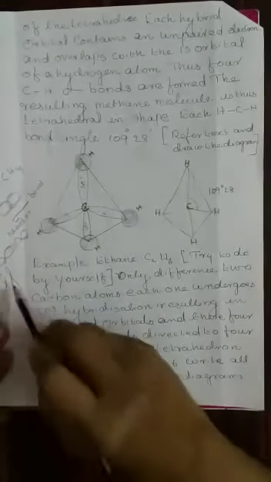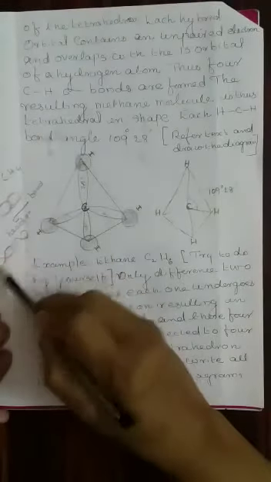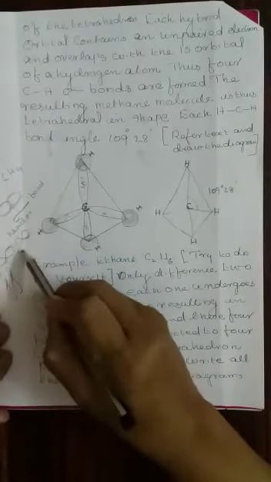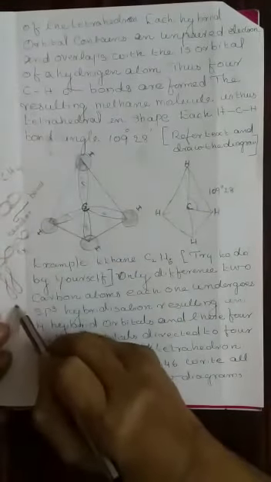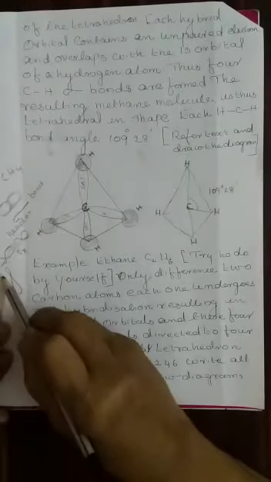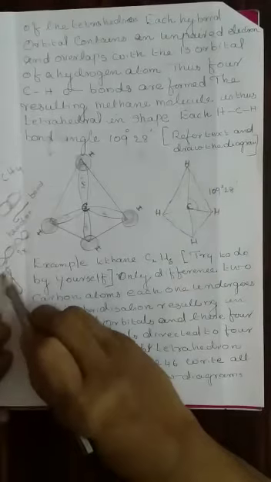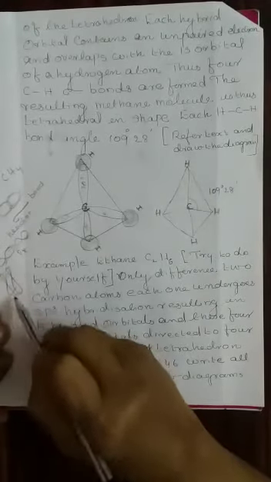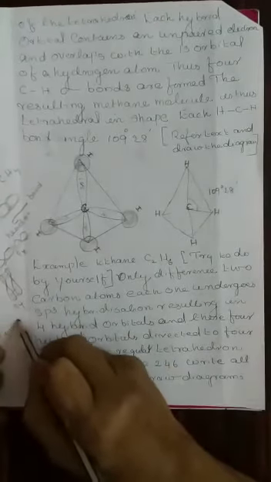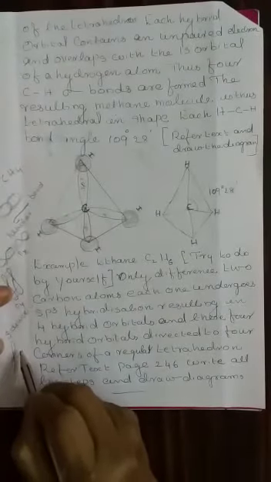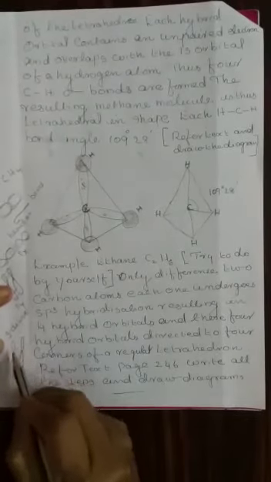If it is px, it always undergoes head-on overlap. If it is py, it can overlap like this. This middle is the node, and only the top and the bottom undergo overlapping, called sidewise overlap. Even in the z direction, that means pz, can also undergo sidewise overlapping.